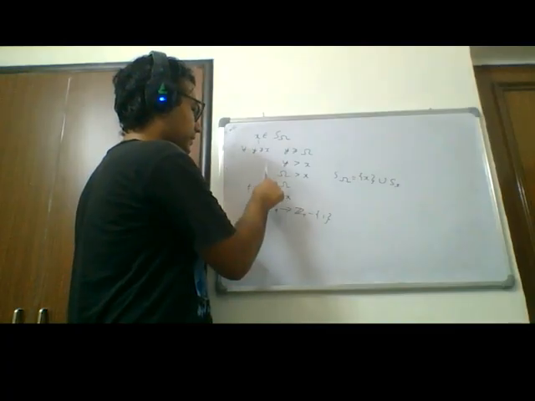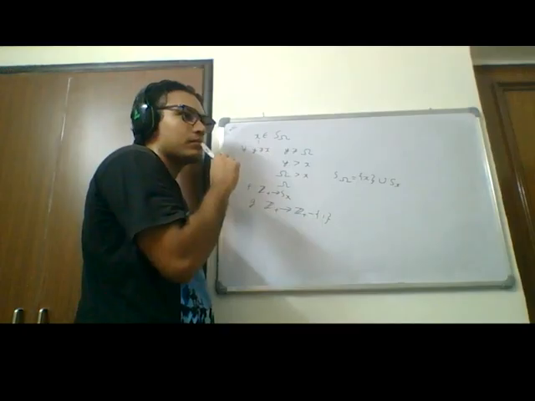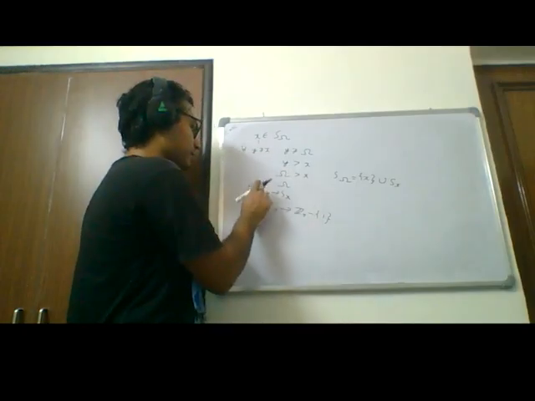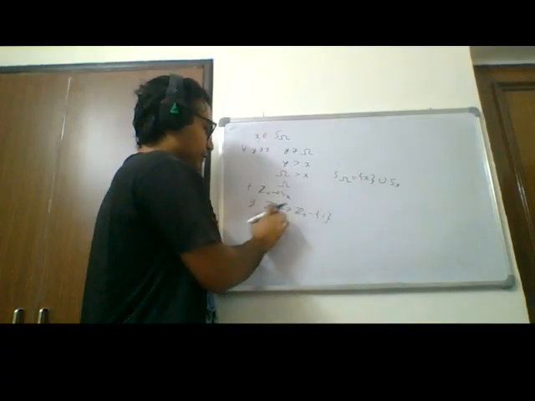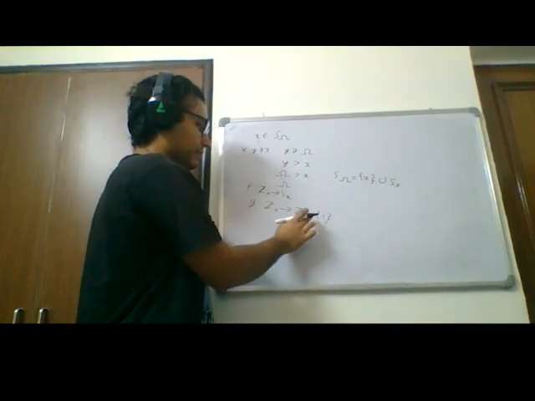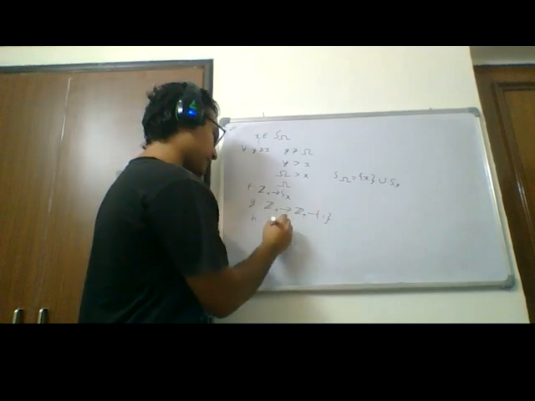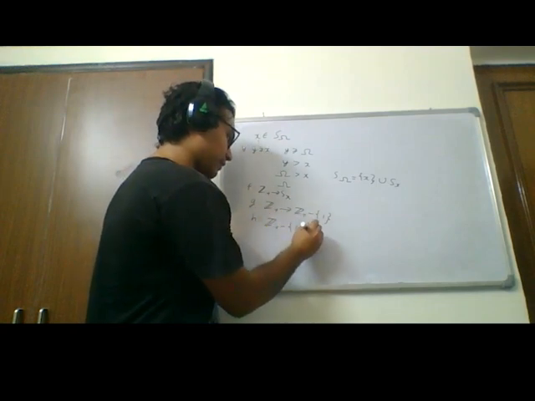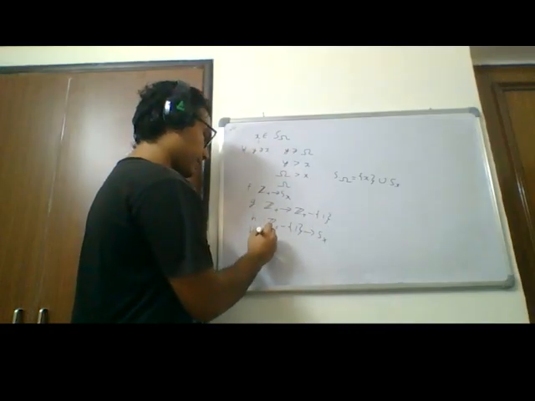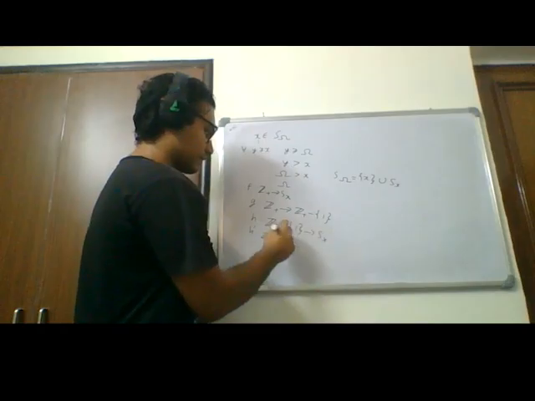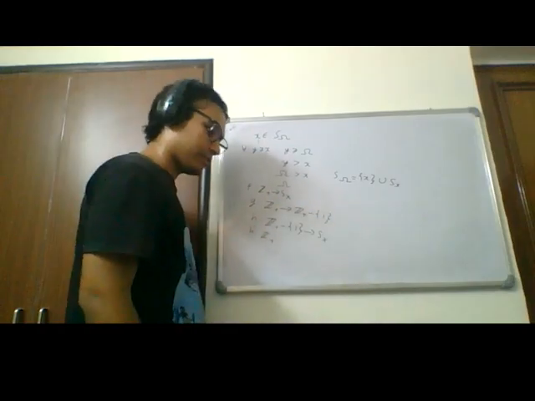So this is the bijection. Compose it with this surjection. So we're going to get a surjection from Z plus minus one to S of X. That's enough.